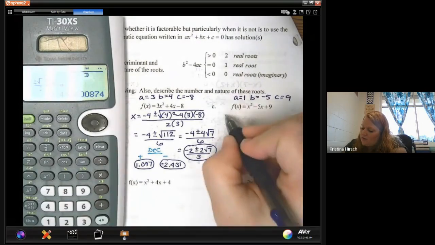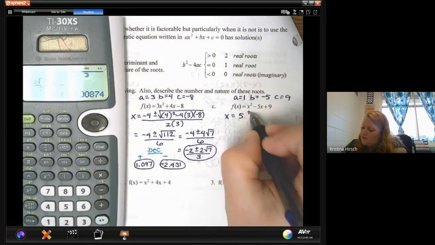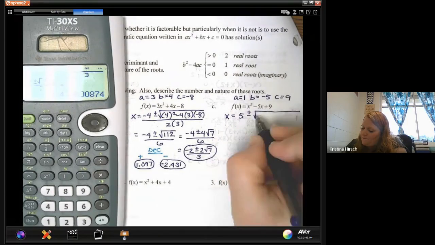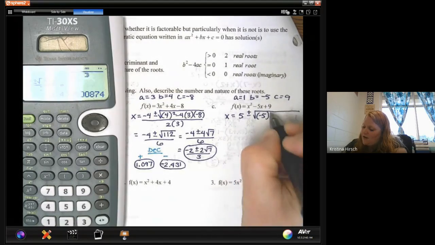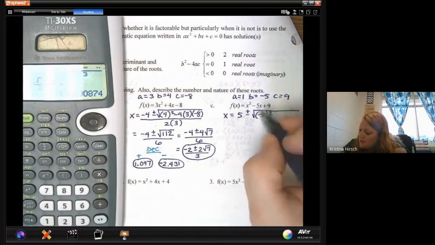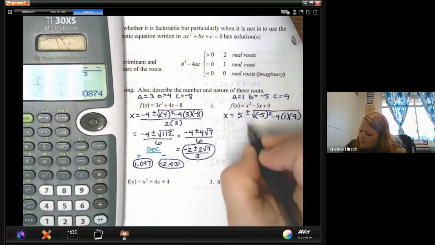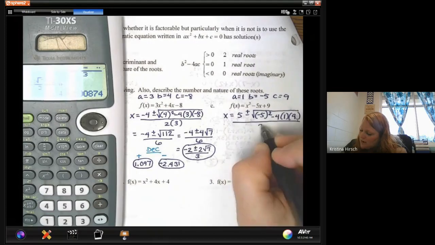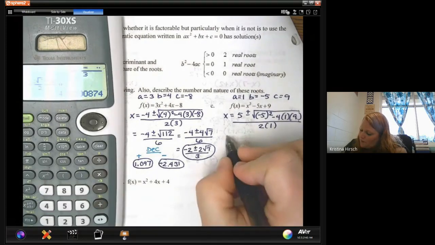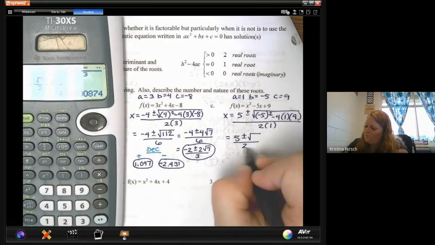So when I substitute into my formula, opposite B is +5 plus or minus the square root of B squared, which is -5 squared. Make sure you use parentheses, because especially with those negatives, it matters. -4 times 1 times 9, all over 2 times 1 this time. So we end up with 5 plus or minus the square root of something over 2.